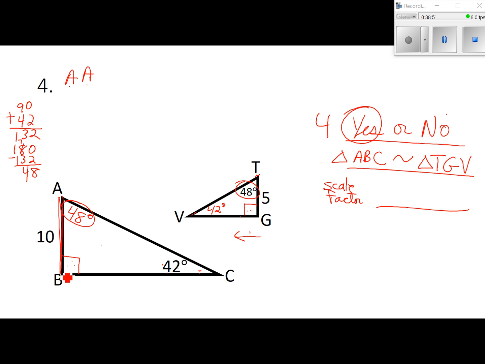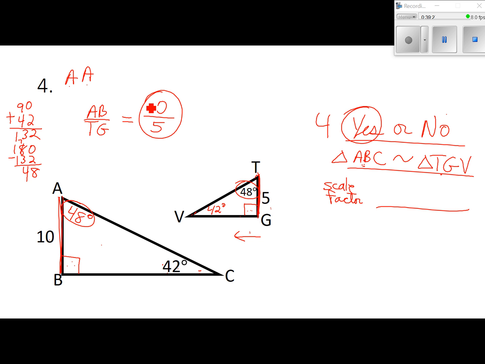If I look over here, segment AB has to match up to, if I look at the names, AB is the first 2 letters, so it has to match up to TG in the second triangle. To do our scale factor, we just take the length of AB and match it up to the length of TG, which is 5.